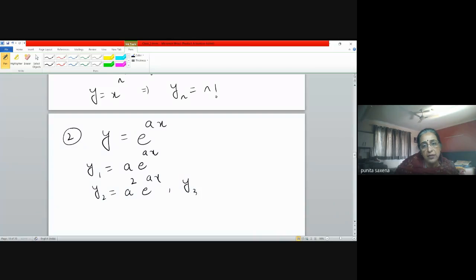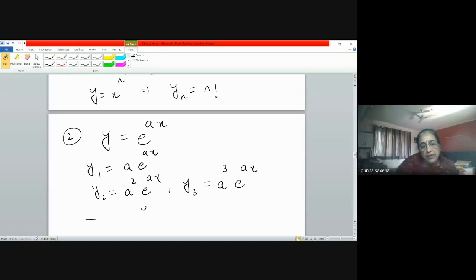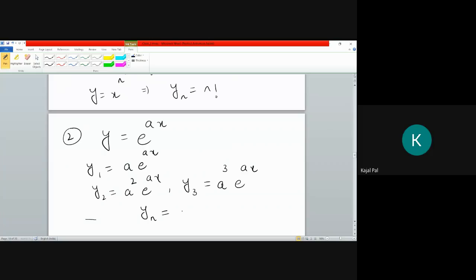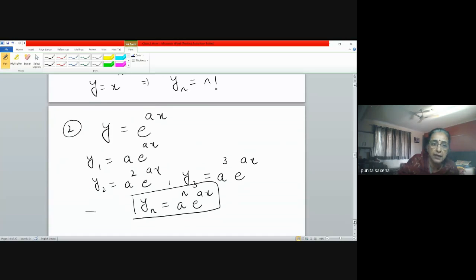Now we can write the general formula for yn: a to the power n into e to the power ax. This becomes the formula for the nth derivative of e to the power ax.